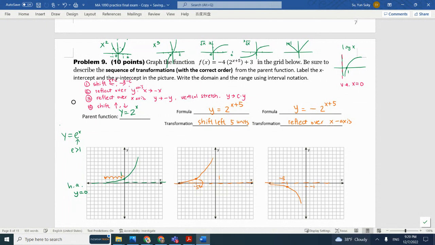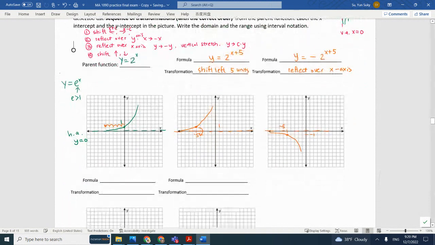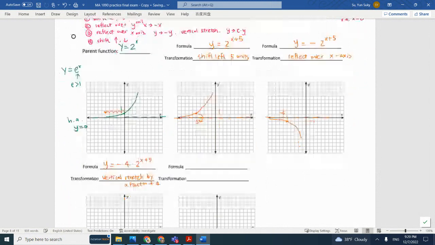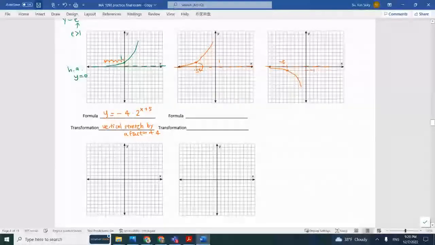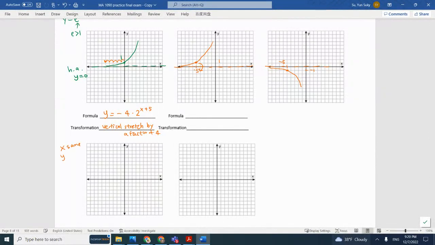Do we have vertical stretch? Yes, you see the 4 there? So y equals -4 times 2 to the x plus 5. So vertical stretch by a factor of 4. That means for this point, x stays the same and the y coordinate is multiplied by 4. Therefore, that point was (-5, -1).